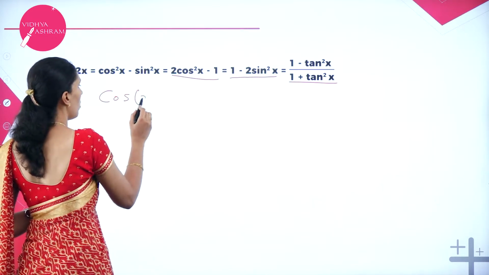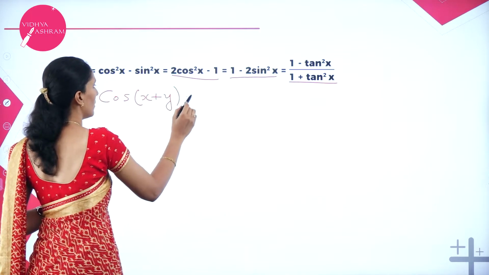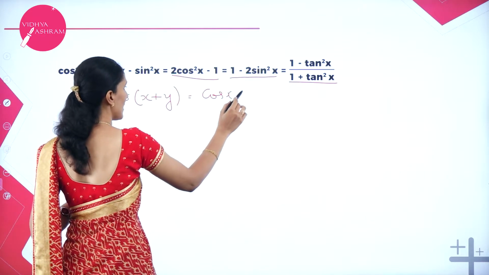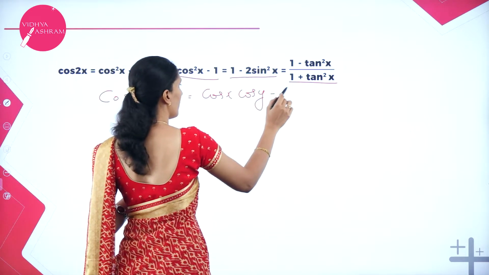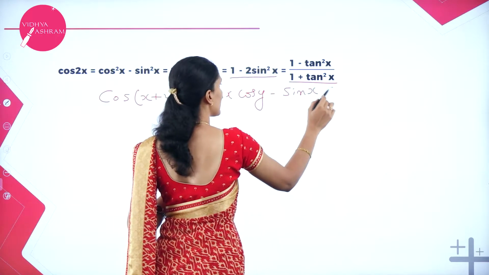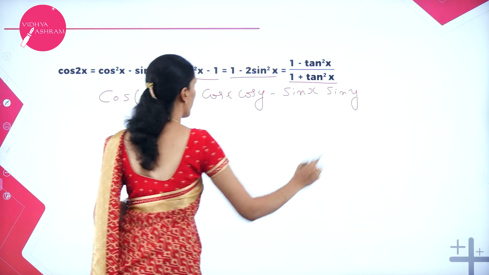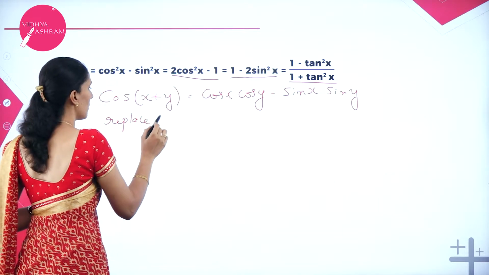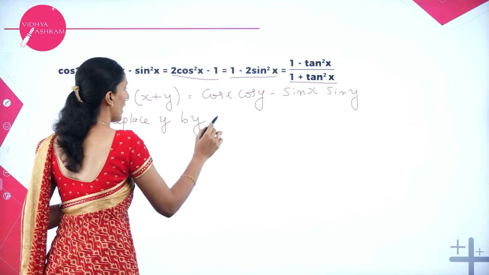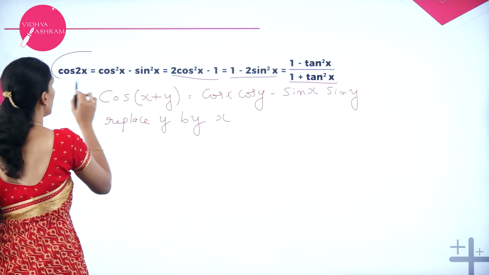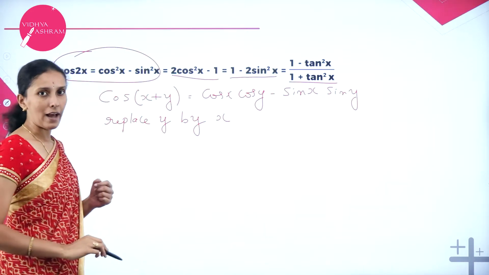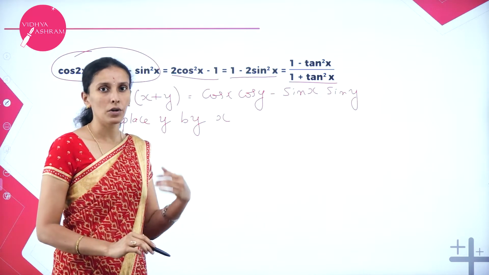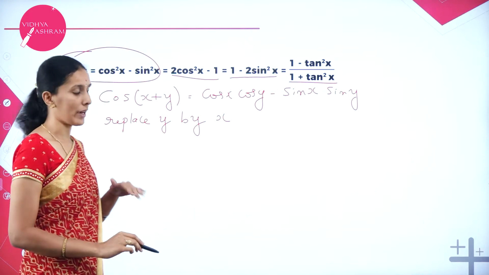We know the formula of cos x plus y, which is nothing but cos x cos y minus sin x sin y. So what happens here? Just replace y by x. First I am solving these two equalities, that is cos 2x is equal to cos square x minus sin square x.